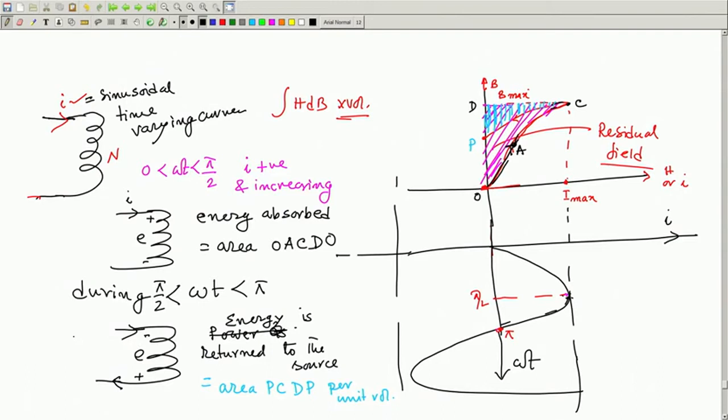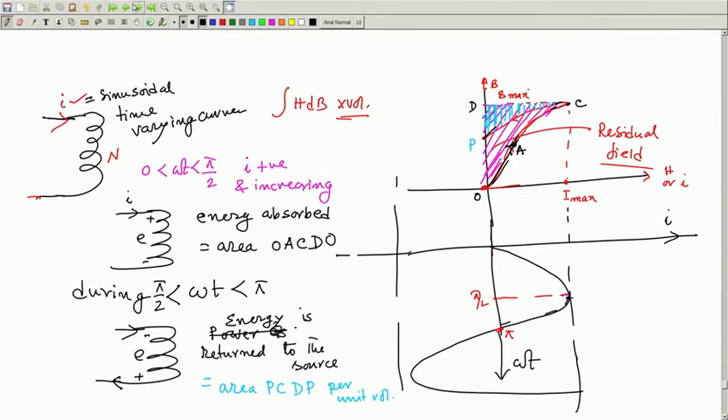And how much energy is delivered? Once again integral H dB, but then the BH curve is like this one, and this area will be this one. Therefore, the difference of these areas represents the energy absorbed by the coil.